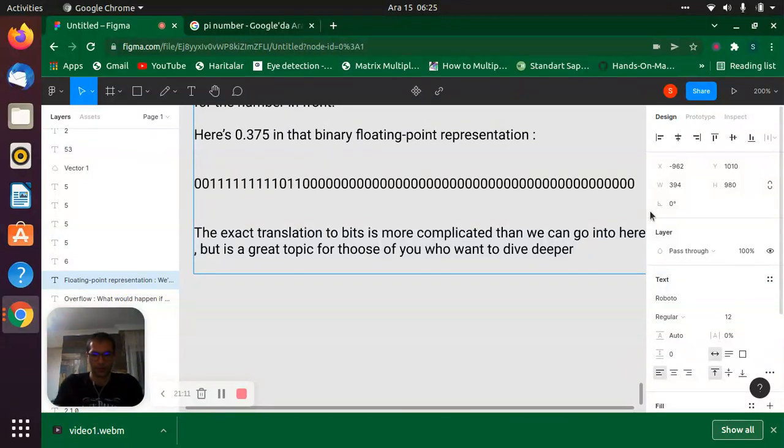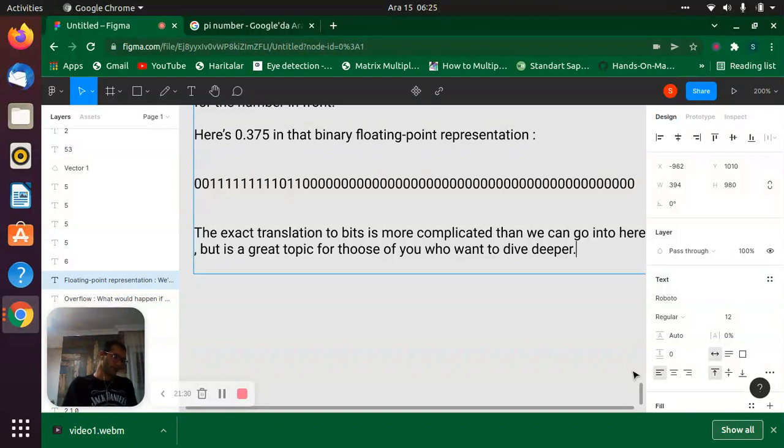Anyway, this is the crazy point, but you can go really 2 to the power 0, 2 to the power 1, 2 to the power 2, 2 to the power 3, all the way like that. Just please go.